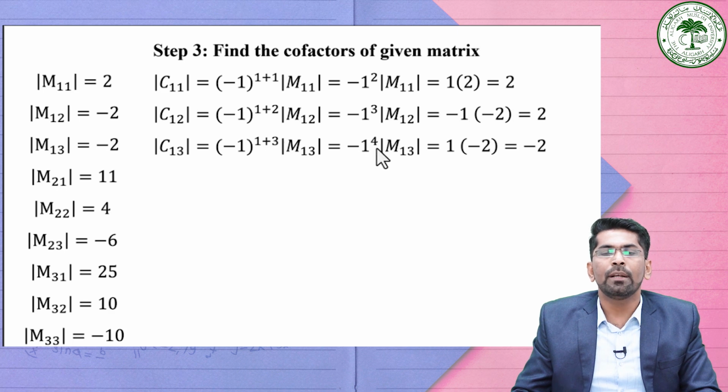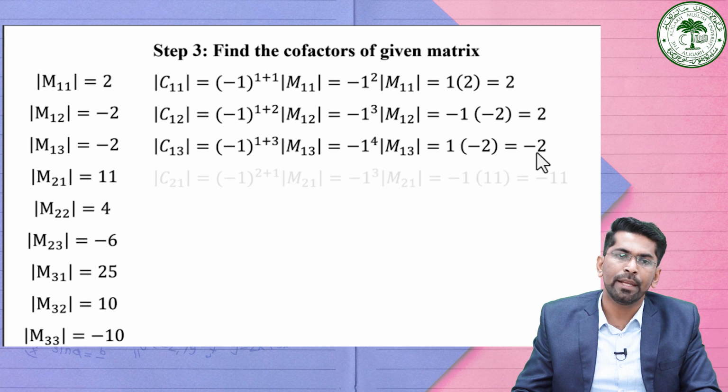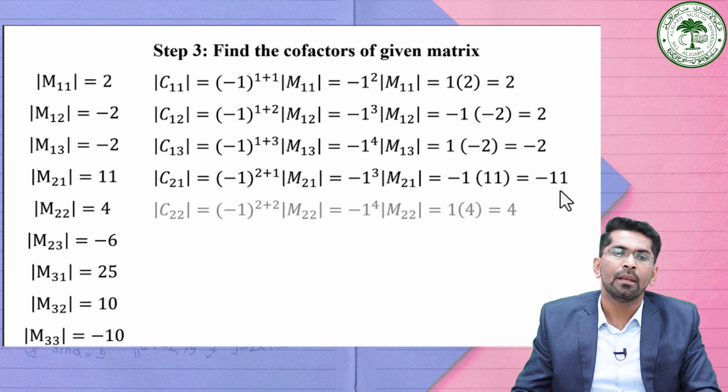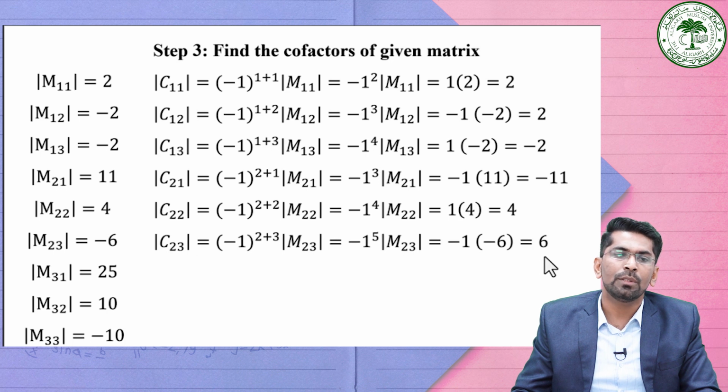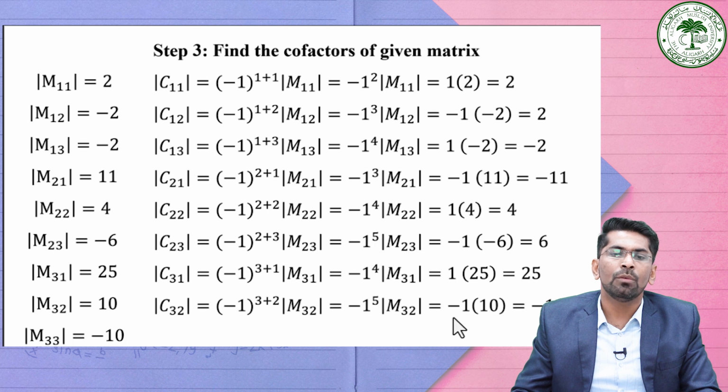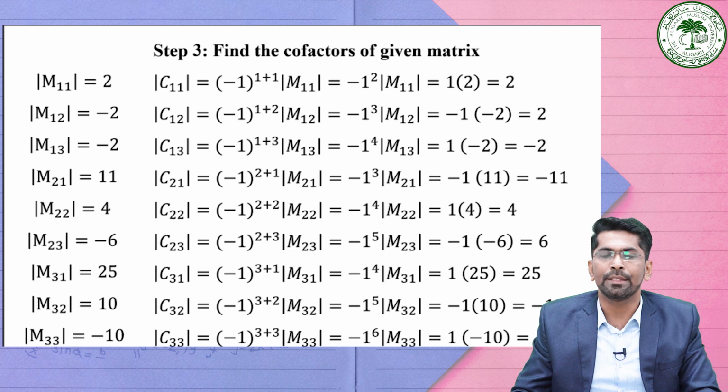So it is minus 1 raised to the power 4, which is equal to 1, into minus 2, which is equal to minus 2. Similarly, we can also find the remaining cofactors, that is C21, which is equal to minus 11, C22, which is equal to 4, C23, which is equal to 6, C31, which is equal to 25, C32, which is equal to minus 10, C33, which is also equal to minus 10.